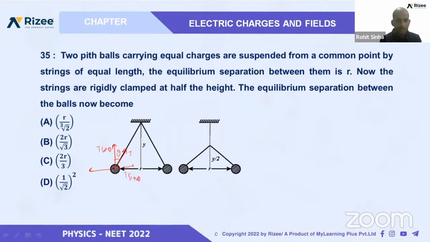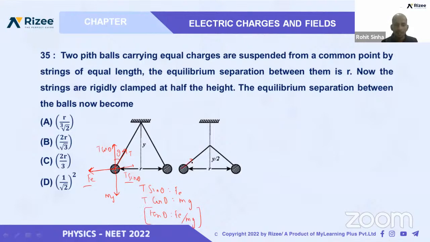Between the pith balls, this will be the electric force Fe and the gravitational force mg. Since it is in equilibrium, we can say that T sin theta is equal to Fe, and T cos theta is equal to mg. When we divide these, we will get tan theta is equal to Fe by mg.